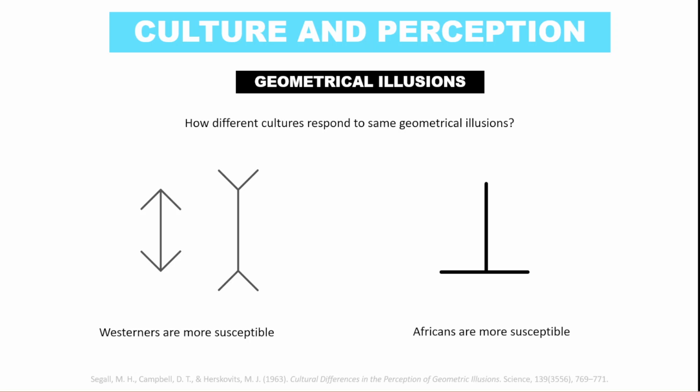Why is that? Maybe because Westerners have more buildings with corners and the like. Meanwhile, Africans don't have that many buildings and they have round huts. So Africans are not susceptible to the Muller-Lyer illusion, while Westerners are more susceptible. That's the basic reason. Anyway, let's move forward.